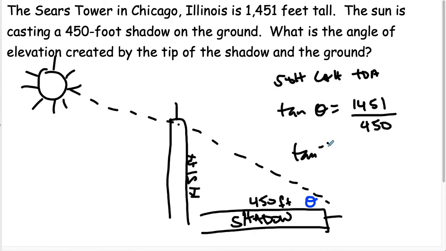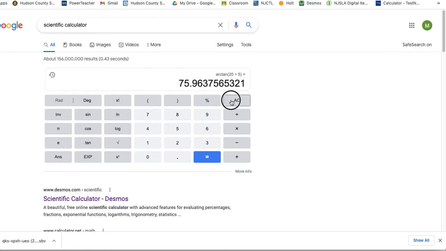So we need to use inverse tangent and then figure out what the angle of elevation created is. So inverse tangent of 1451 divided by 450. Okay, let's see, 72.77. So this angle is 72.77 degrees.